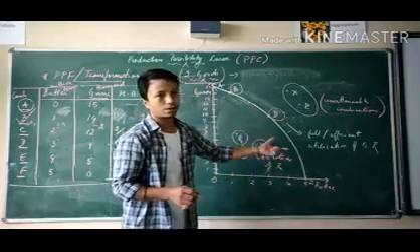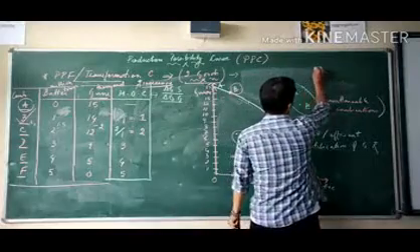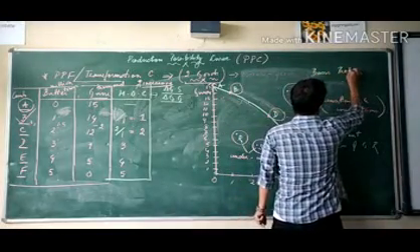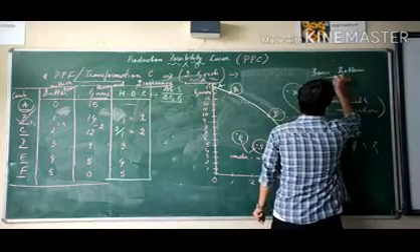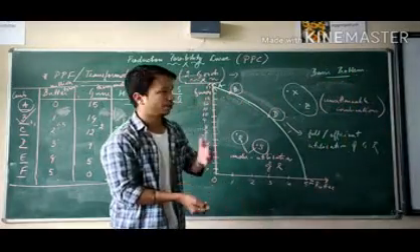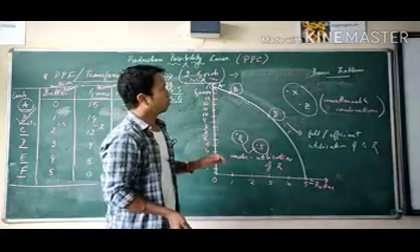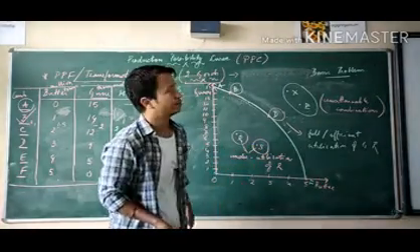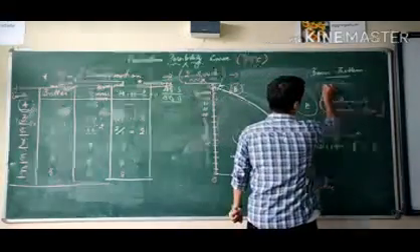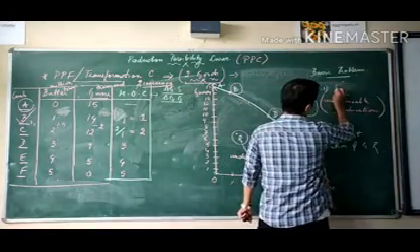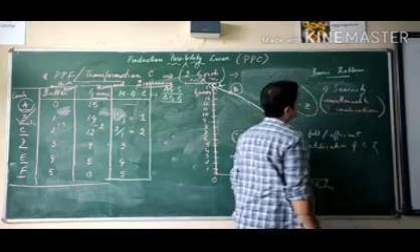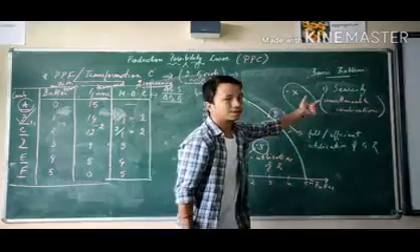Now, according to the book, there are some basic problems of an economy. Let's say the first problem we are dealing with regarding or using the PPC curve is the problem of scarcity.